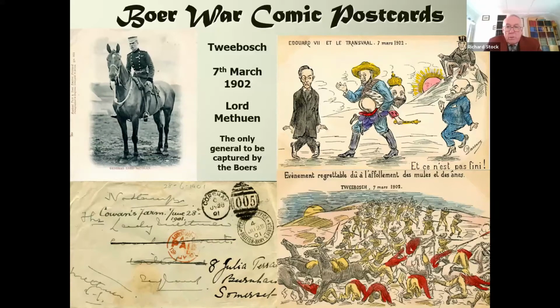And this one here at the top right-hand side, you see Kruger applying a spanking to King Edward VII, with Gladstone and Chamberlain standing by, looking very embarrassed indeed. A cover from Lord Methuen to his wife, and another postcard at the bottom right-hand side.